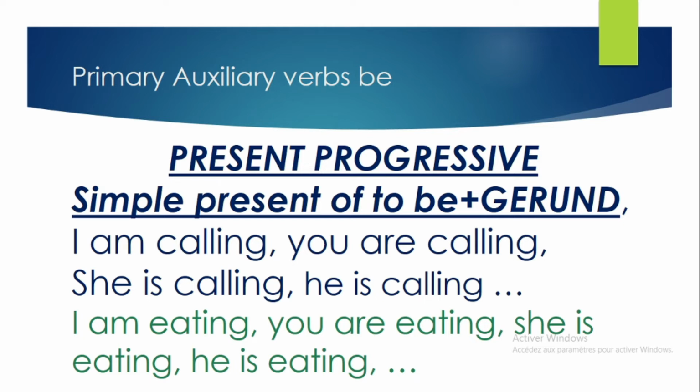This is the reason why I am calling, you are calling, she is calling, he is calling, etc. Okay? And for the verb to eat as a main verb, I'm eating, you are eating, she is eating, he is eating, we are eating, etc. Okay?